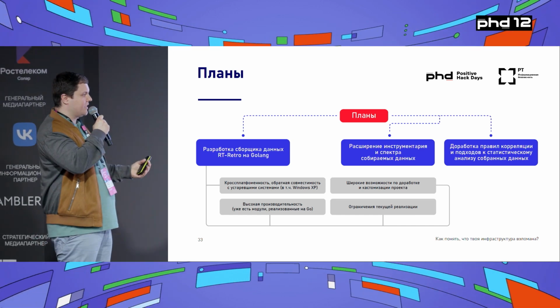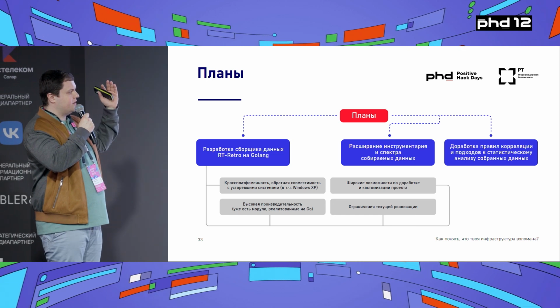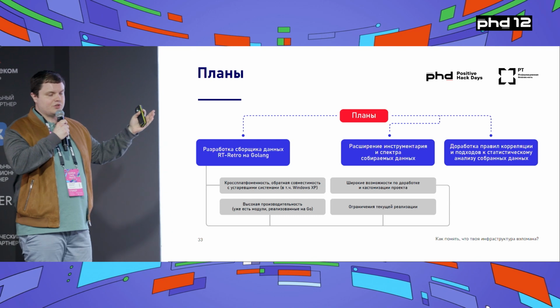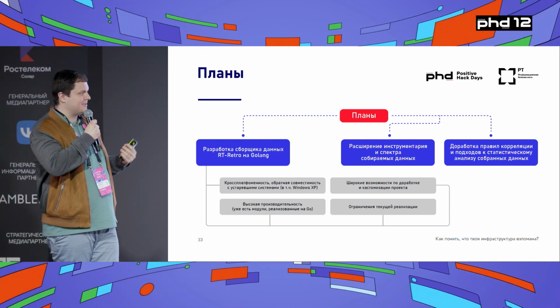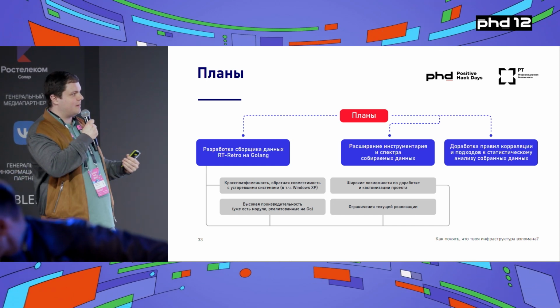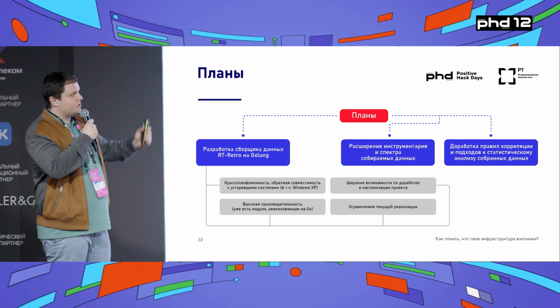It means that we can improve the project very much. Naturally, we want to expand the toolkit and the spectrum of the data collected, because the data coverage is not ideal. You always want to improve that.